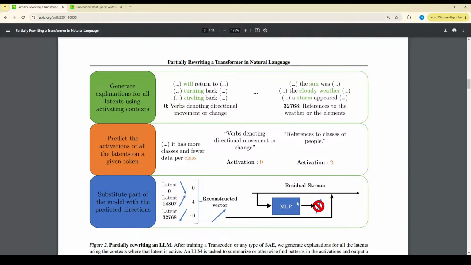Because in this case we are doing a transcoder, we skip over the MLP. So instead of the output of the MLP having an SAE, it's the input of the MLP that has the transcoder, and then we write directly to the residual stream, and we don't use the output of the MLP.